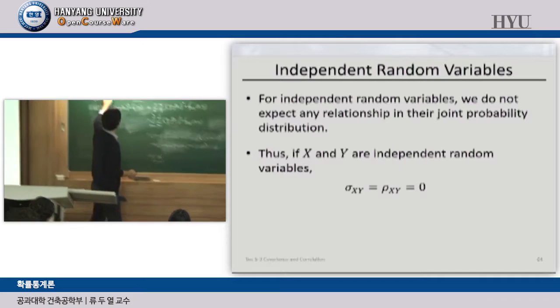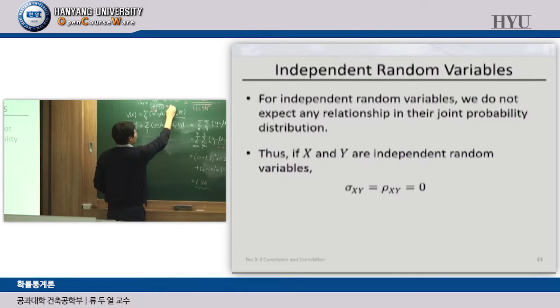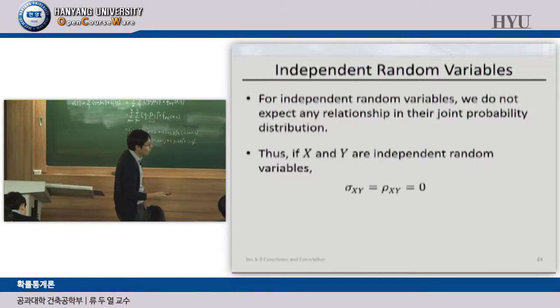And rho is given by this equation, that is sigma xy over root Vx and Vy. This denominator cannot be equal to 0, right? Which means that if rho xy is equal to 0, the sigma xy is also equal to 0. Okay? That is the reason why we have this relationship. Sigma xy and also rho xy, both should be equal to 0. So this is the case of the independent. Okay?